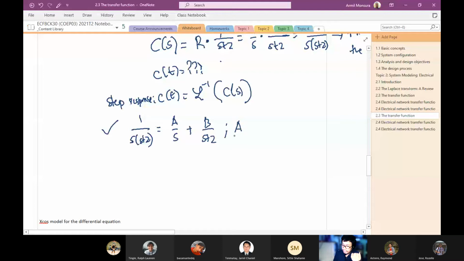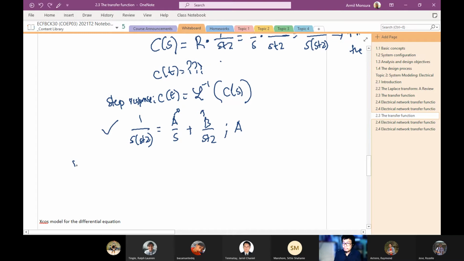So, kung maaalala nyo ulit, meron kayong various methods of solving this. Technical, ang tawag natin diyan sa A at sa B na yan, residues.